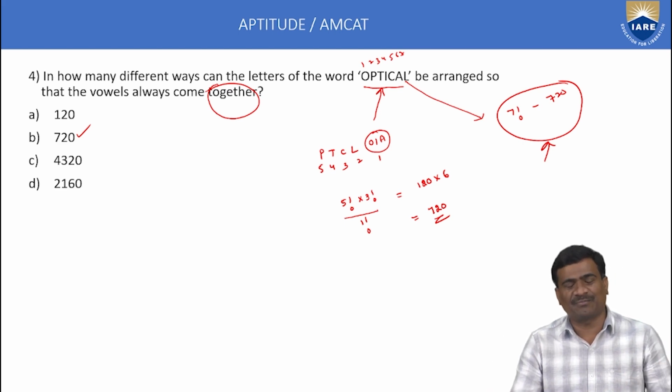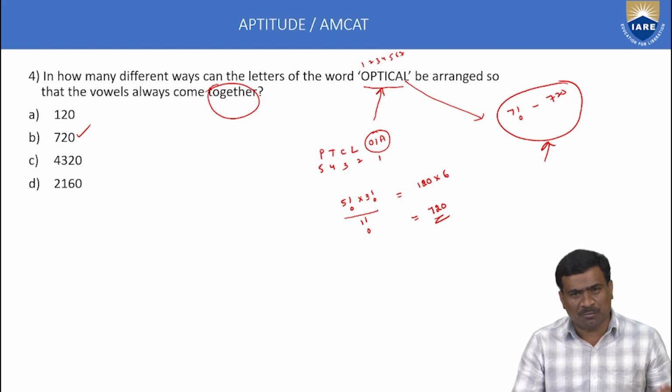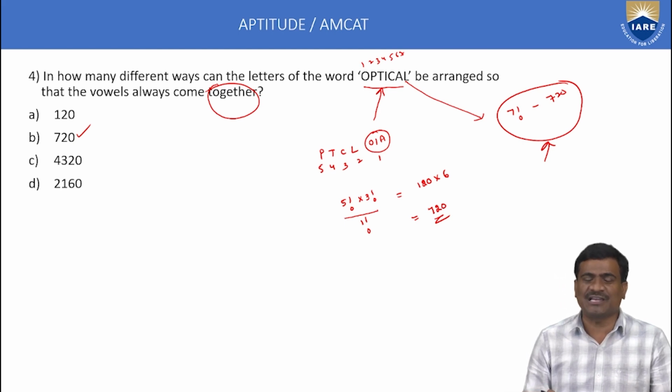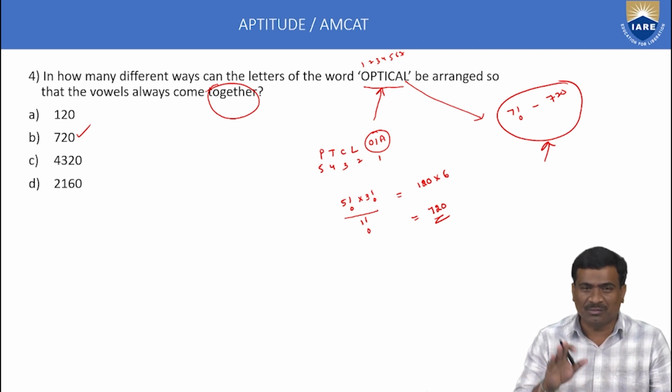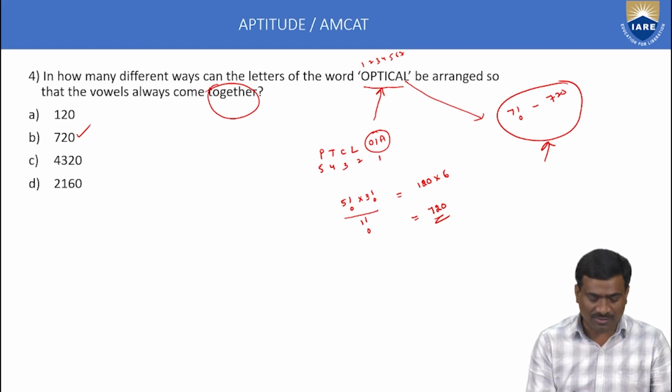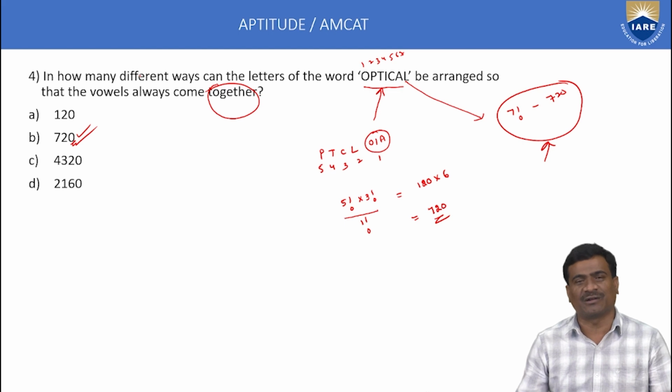In the denominator, if the problem belongs to permutation, where repetitions are allowed, always write the repetition of letters. In OPTICAL there is no repeated letter, so the denominator is 1 factorial. This is about the arrangement concept: come together, do not come together. But in this example, we calculate only come together. That answer is 720.